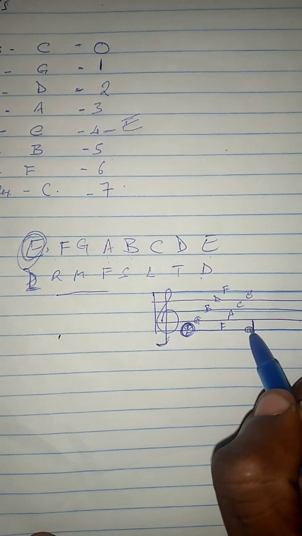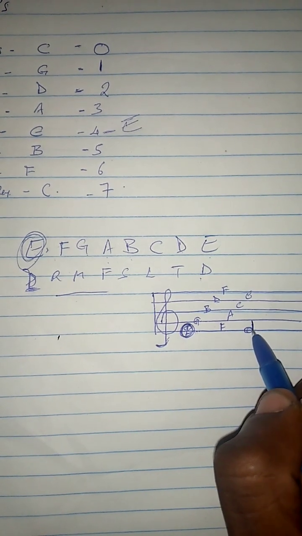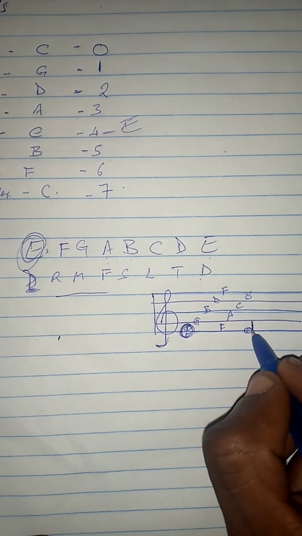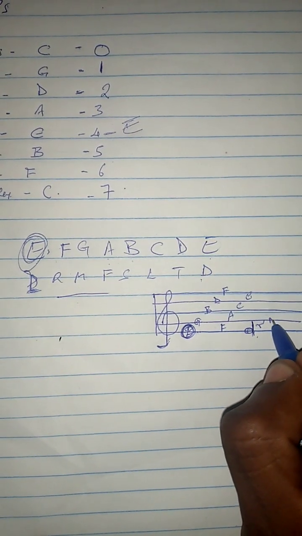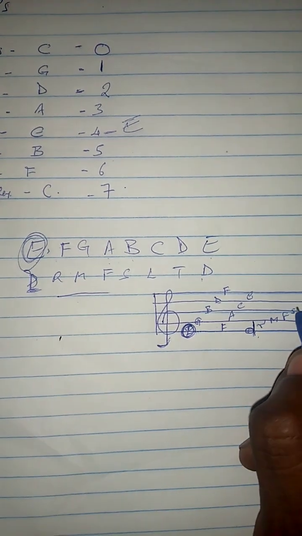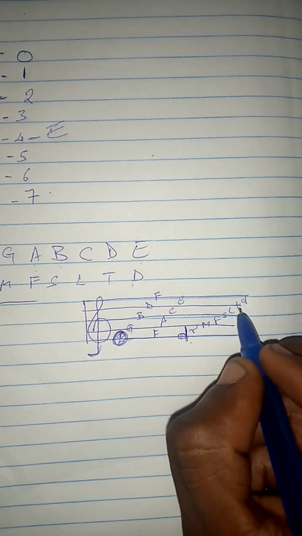So we replace line 1 with do. That means the space above line 1 will be re, this line will be mi, fa, so, la, ti, do, ascending in that order.